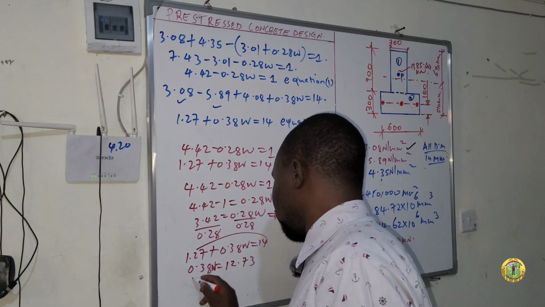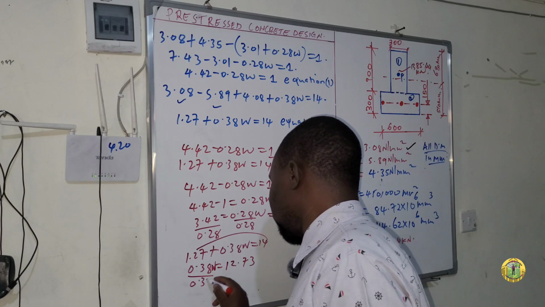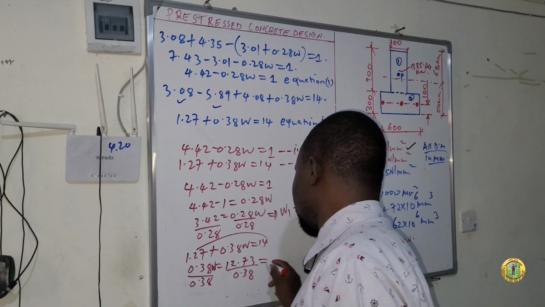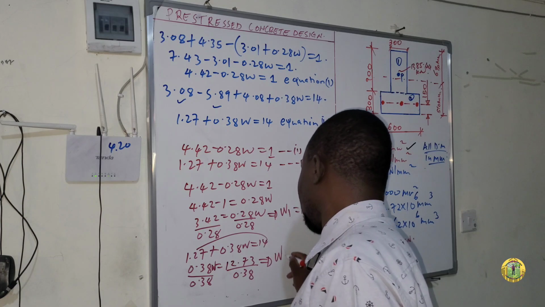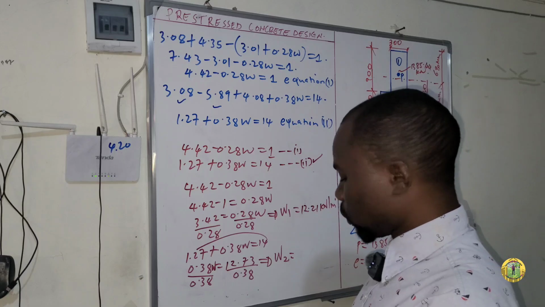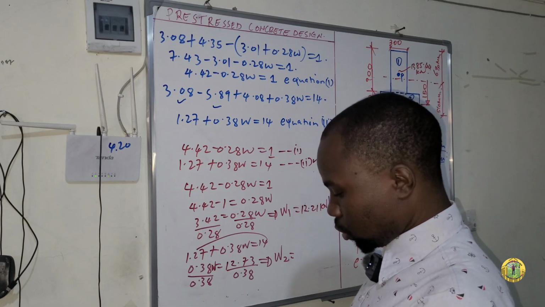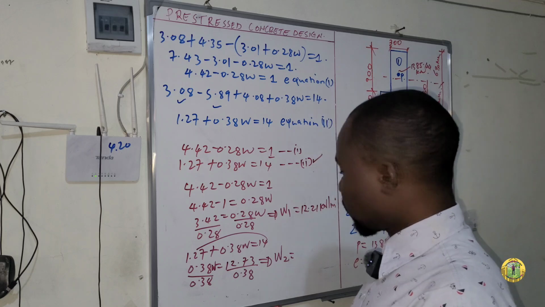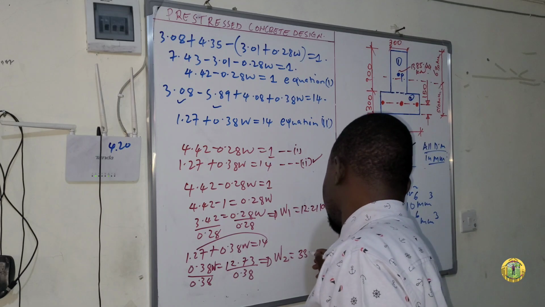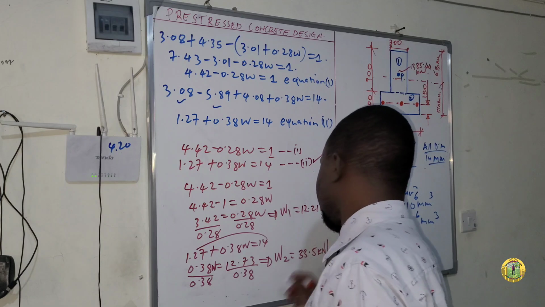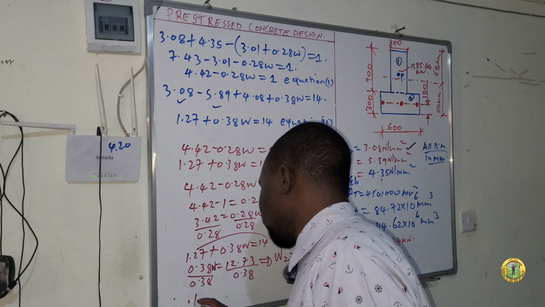Remember, this is W, so over 0.38 over 0.38, which implies we call it W2 is equal to 12.73 divided by 0.38, you get 33.5 kilonewton per meter.